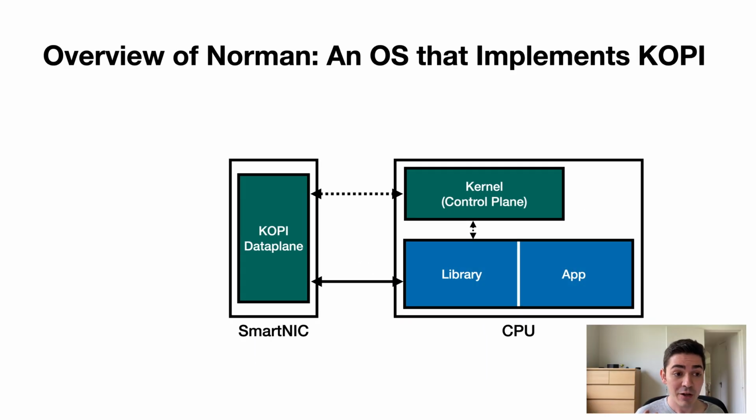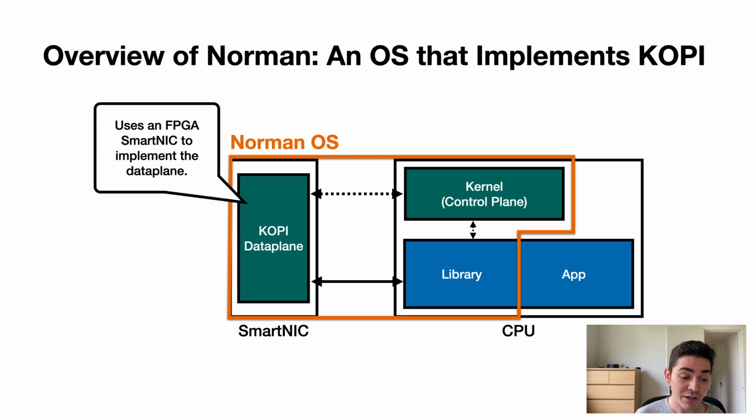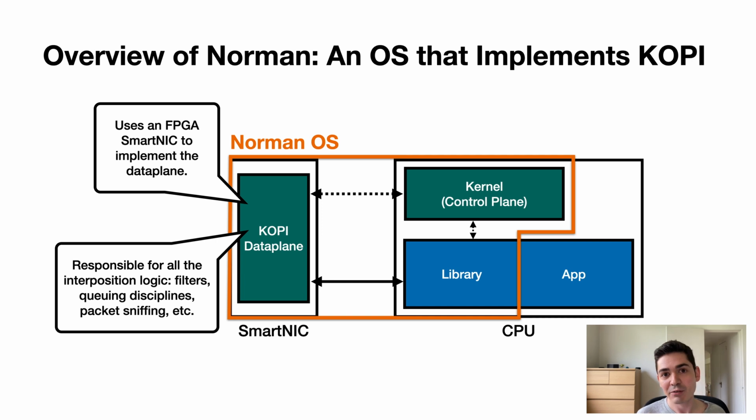So right now we are developing a new operating system that we call Norman that implements a KOPI data plane. And Norman really has two main pieces. First, it has a KOPI data plane that runs on an FPGA SmartNIC, and that is responsible for all the data plane functionality that requires interposition.